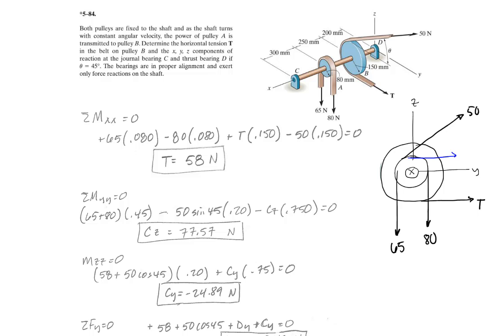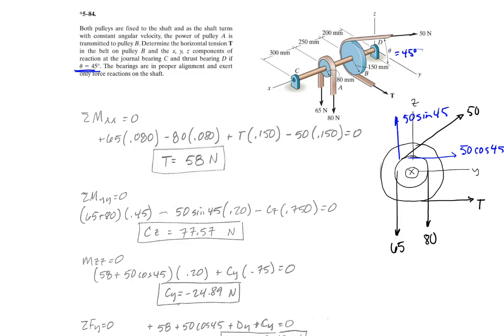So I'll have a 50 cos 45, and this will be 50 sine 45. It says in the drawing right there that the angle theta is equal to 45 degrees.